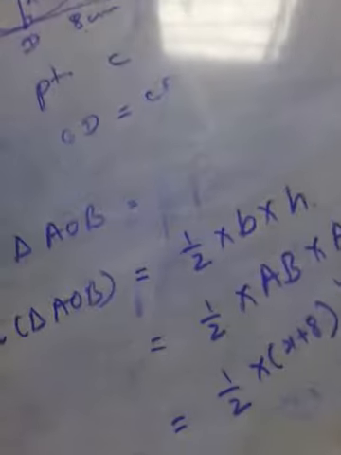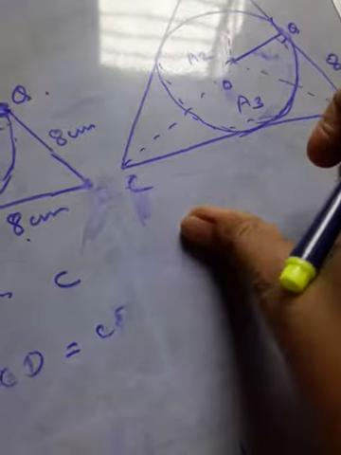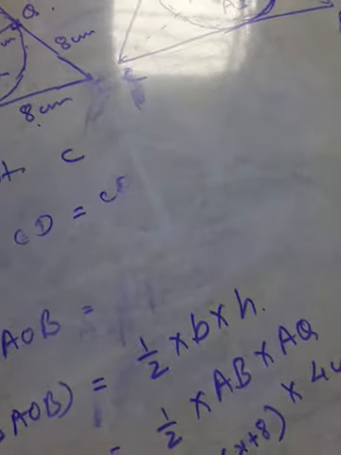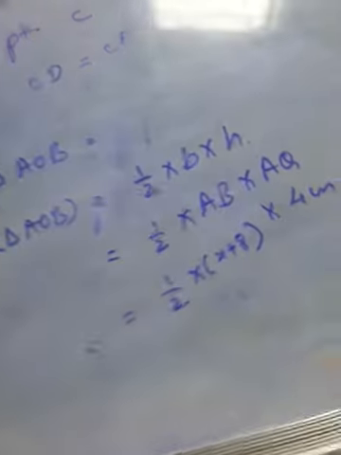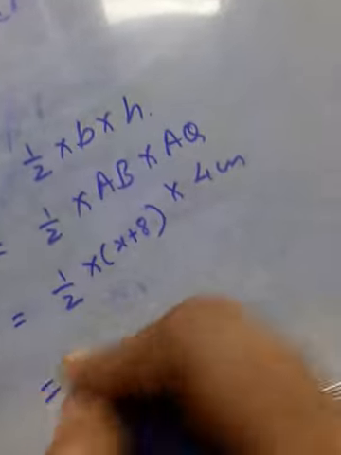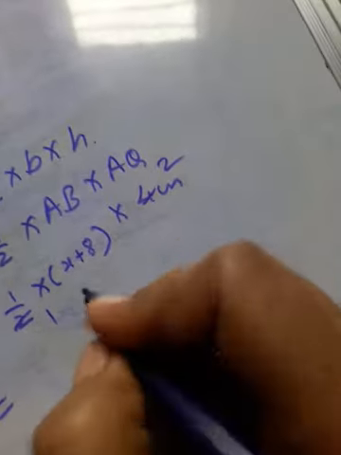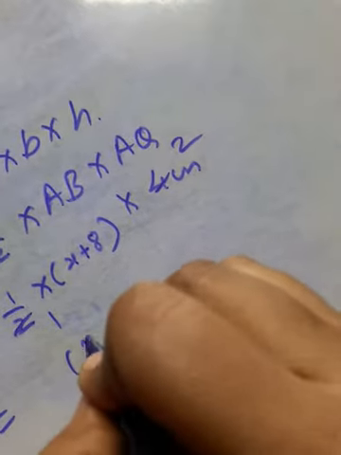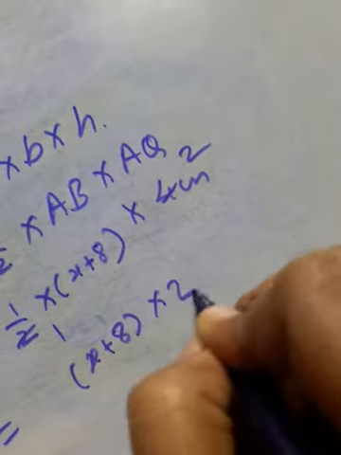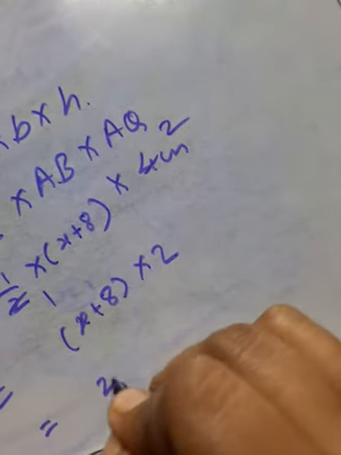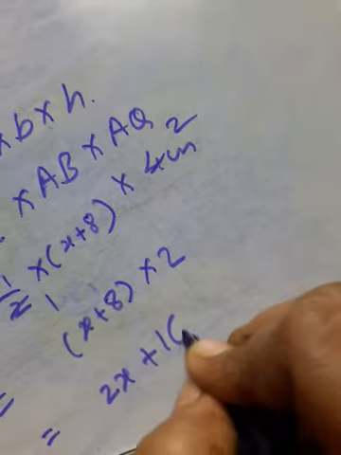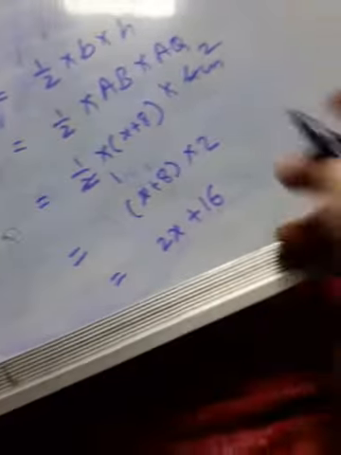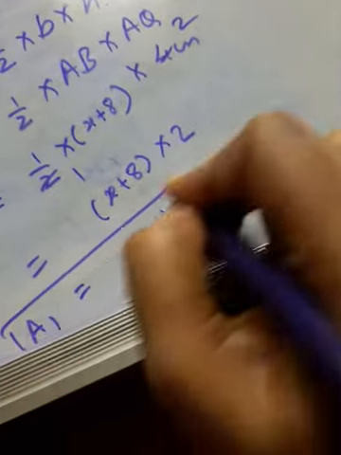Multiplying by 2 we get 2x plus 16. This is our A1.